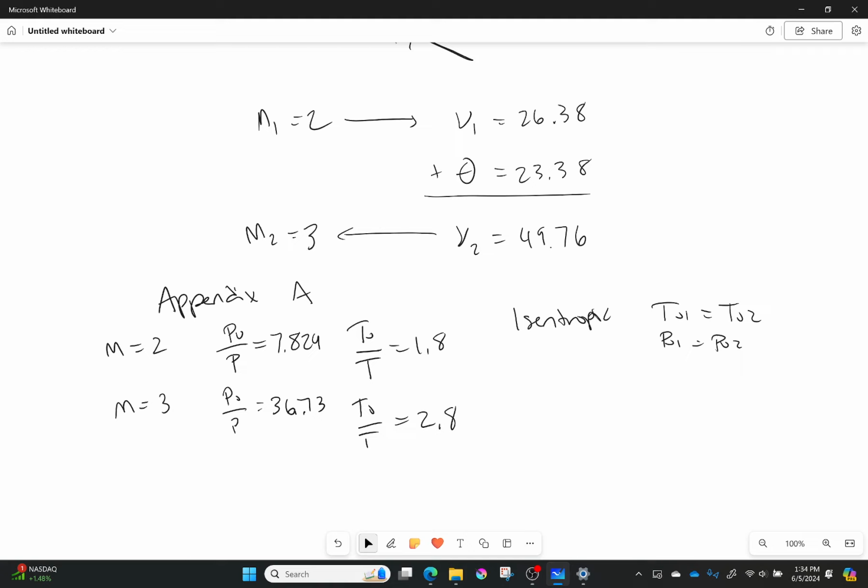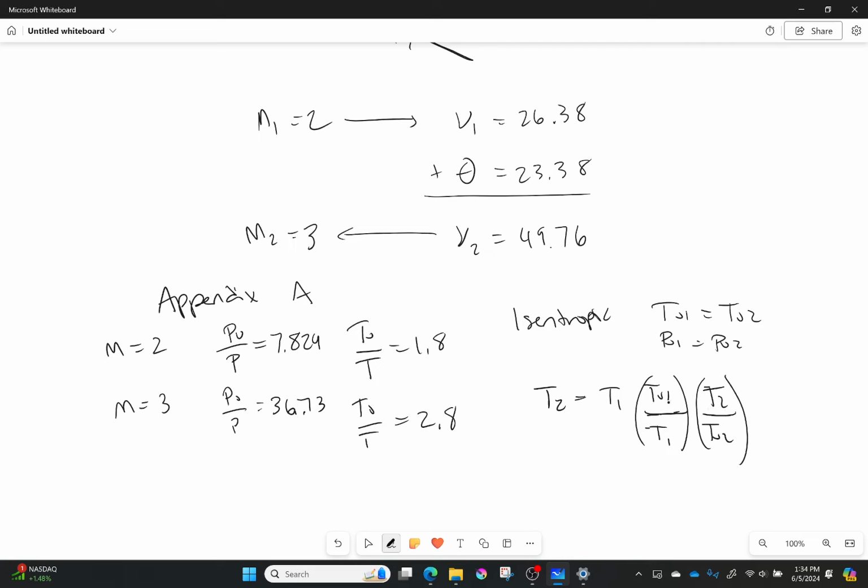Okay, so let's find everything. So first off, T2 would be equal to T1 times T1 over T01, times... gotta make sure I do this right. Oh goodness, I'm mixing up my ratios already. Times T01 over T1, there we go, times T02 over T2.